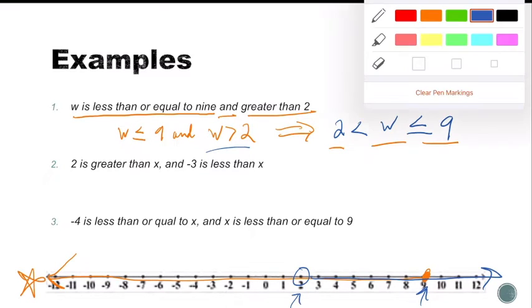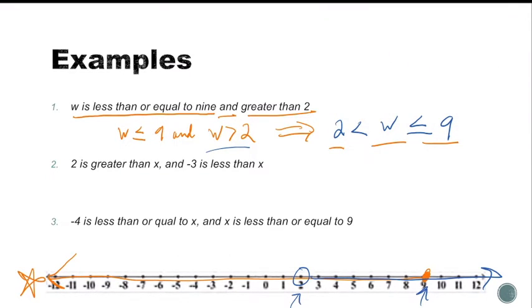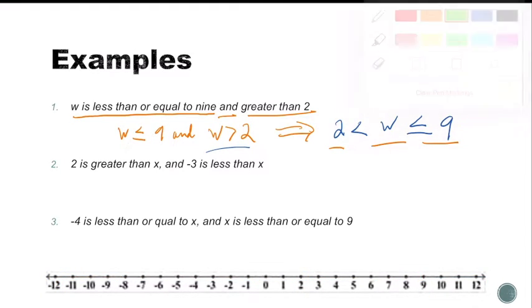Next, I am going to clear this number line for problem 2, so we have a clean slate. Maybe I'll even switch colors because it's fun. Okay, 2 is greater than x and negative 3 is less than x.